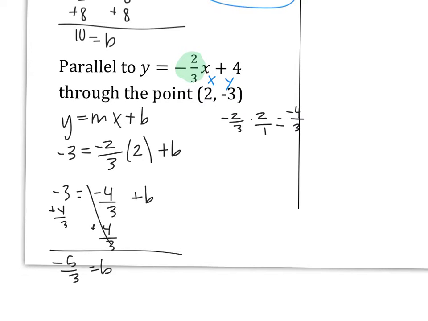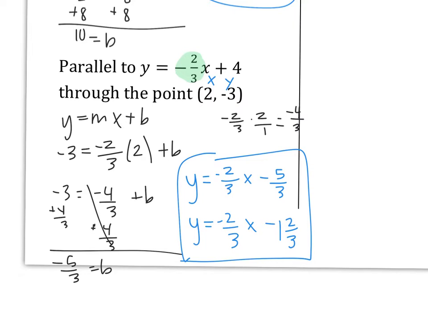So if I rewrite this all together, I get y equals 2/3 x minus 13/3, which I could rewrite if I wanted to as y equals 2/3 x minus 4 1/3. That would also work. So either one would be okay to write my final answer.